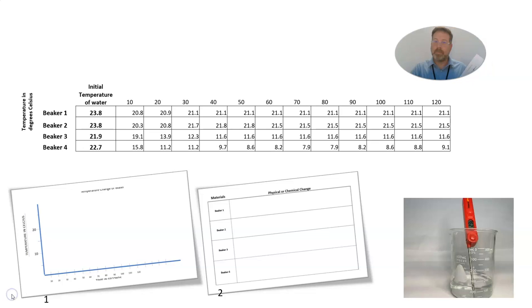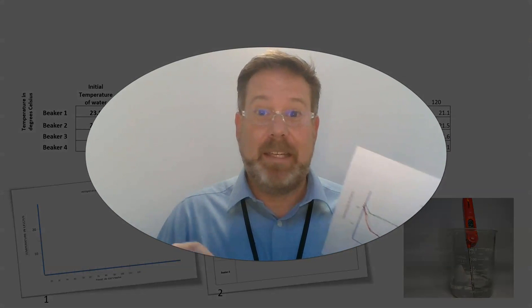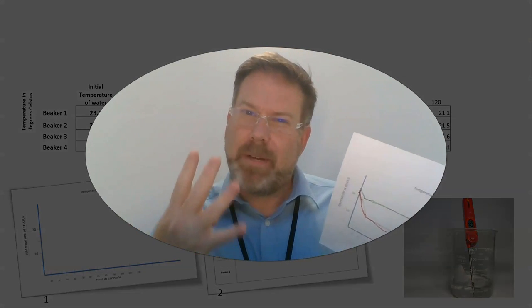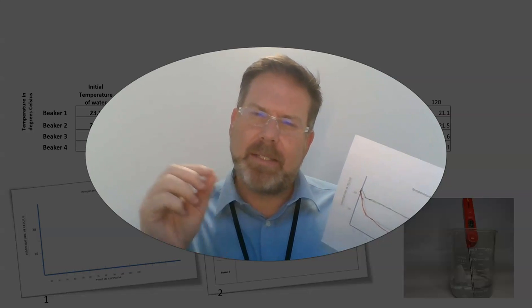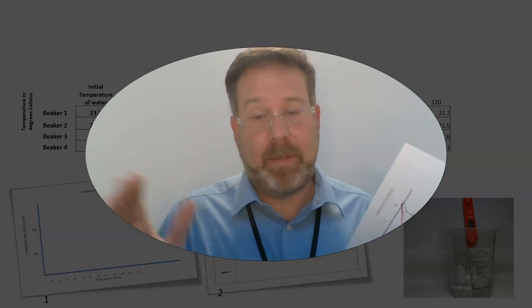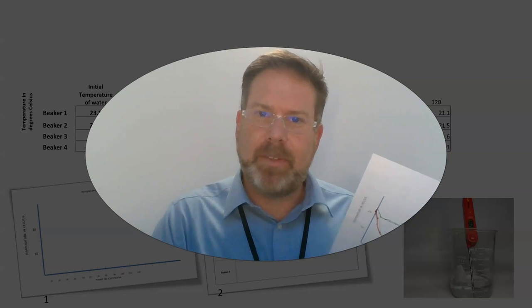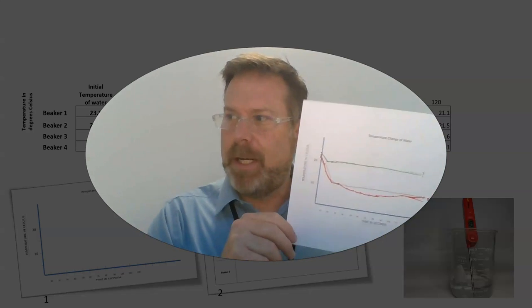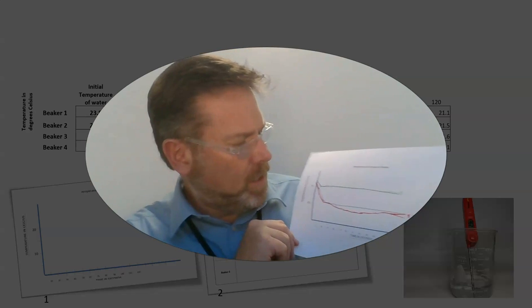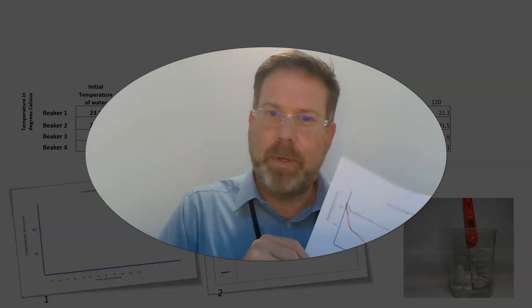All right, so when I was going around the room, I did notice a lot of you getting the lines plotted, and you knew you had to plot 4 different beakers. Some of you did dash lines, solid lines. Some of you brought colored pencils. That was cool, just to notate the 4 different beakers in your data. I grabbed somebody's, no name, but I noticed the same things you all noticed.